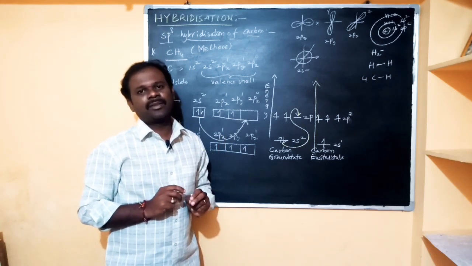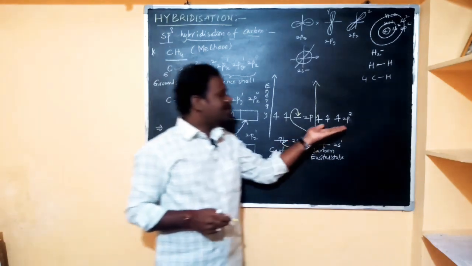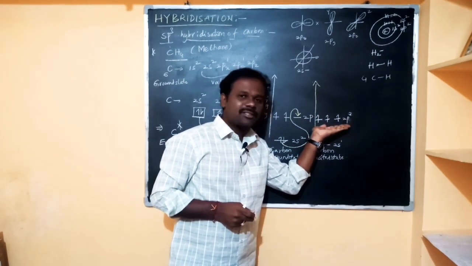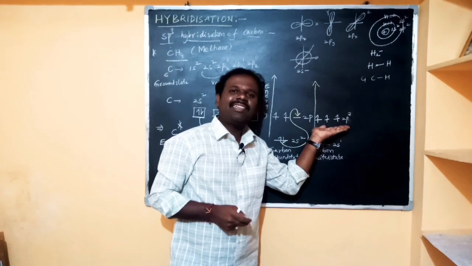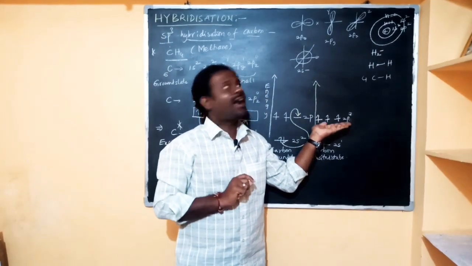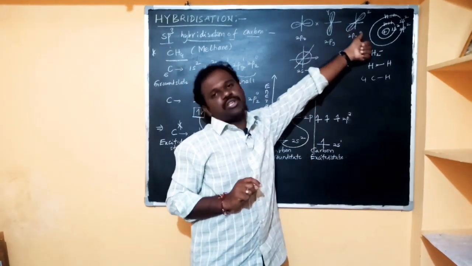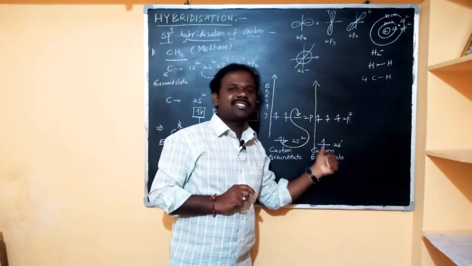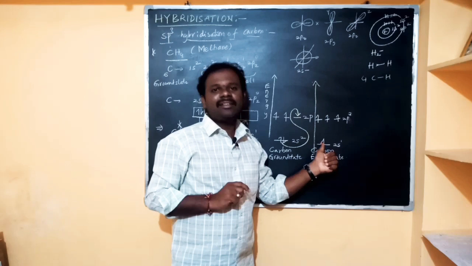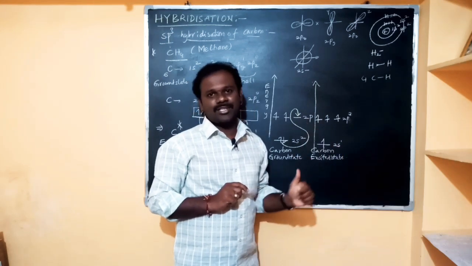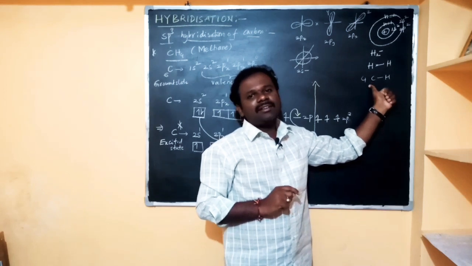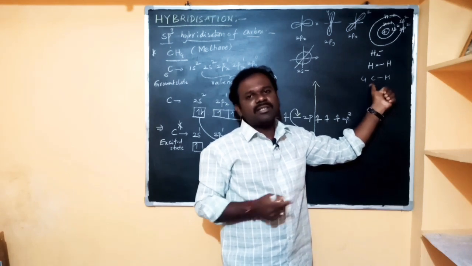So the conclusion here is that the 2p orbitals are clearly higher in energy and their shapes are dumbbell. And the 2s orbital is spherical in shape and lower in energy. So how does the formation of 4 equivalent carbon-hydrogen bonds take place?